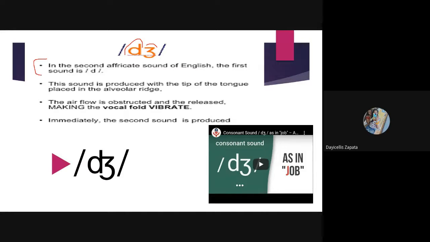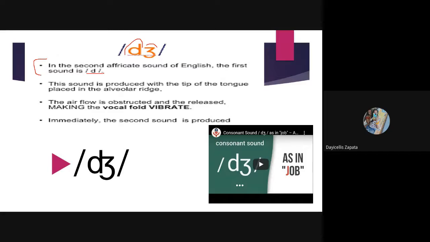In the second affricate sound of the English, the first sound is /dʒ/. This sound is produced while the tip of the tongue is placed on the alveolar ridge.